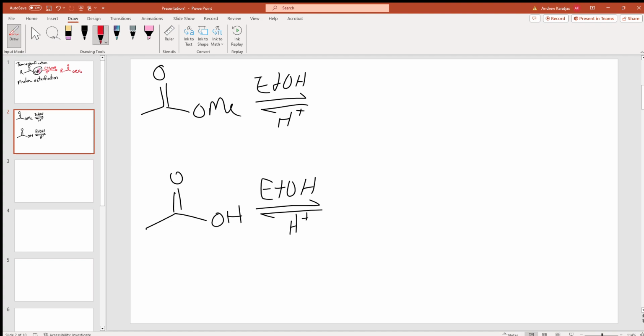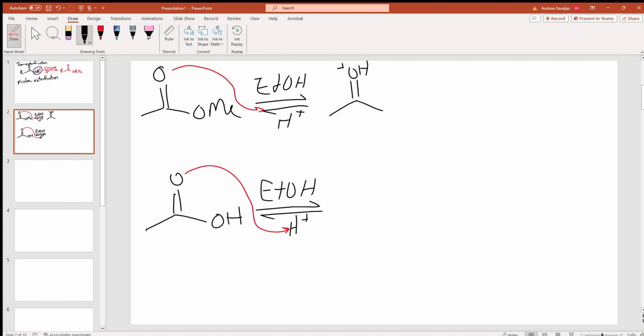So we start, because we're under acidic conditions, we don't have a strong nucleophile. Both reactions begin with protonation of the carbonyl, which activates it for nucleophilic attack. That step is immediately followed by nucleophilic attack of the alcohol.